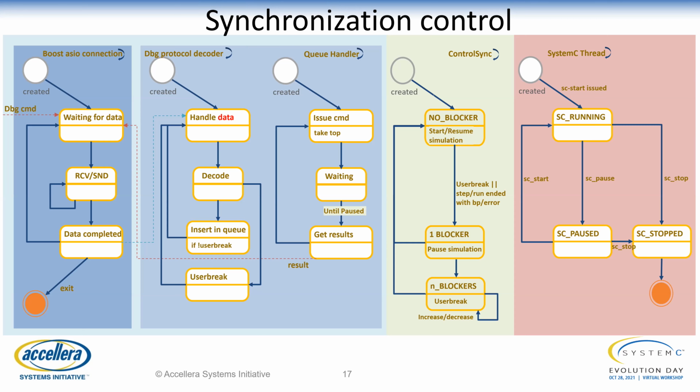And the control sync has the state no blocker, basically. In that case, it will start or resume the simulation. There's the state that there's one blocker. So it will go to that state when either there's a user break or a step run ended with breakpoint or error.